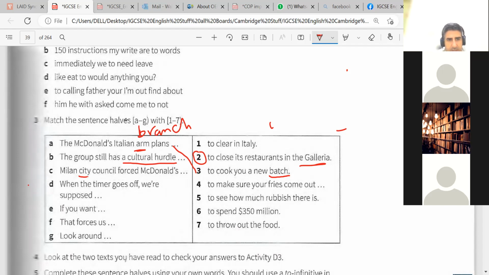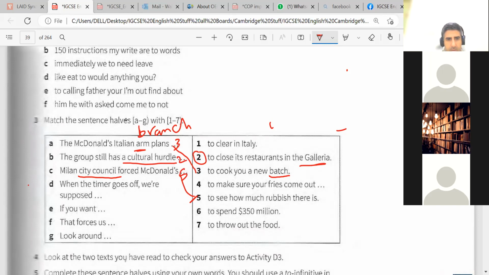What about here, the city council, McDonald's, to see how much rubbish there is? Because the city council, those who are in charge of facilities in the city. So this one, 5. What about D, a jury? Off, I suppose.